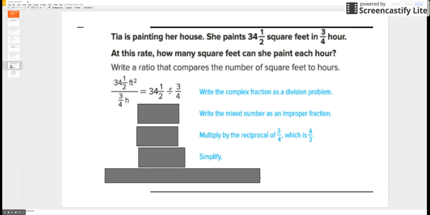How do we solve this? Well, first we need to take that mixed number and make it into an improper fraction. So 2 times 34 is 68, plus 1 gets me 69 divided by 3/4. And now for dividing by a fraction, you actually need to multiply by the reciprocal. So you flip the 3/4 around.